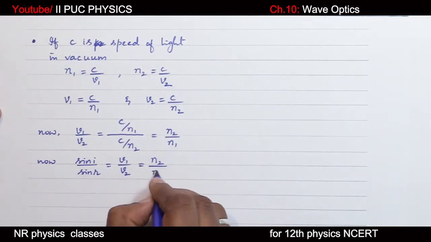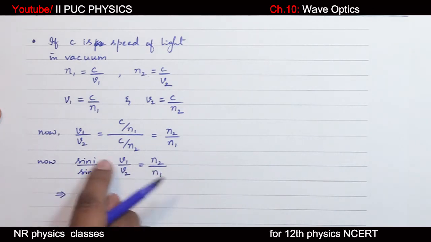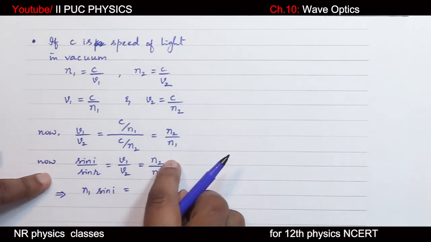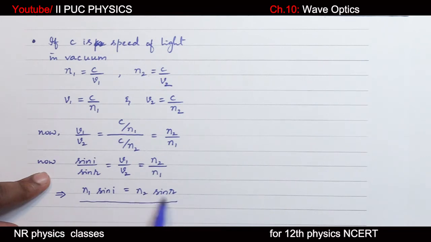This implies, cross multiply, N1 sin I equals N2 sin R. So this is Snell's law in general form.